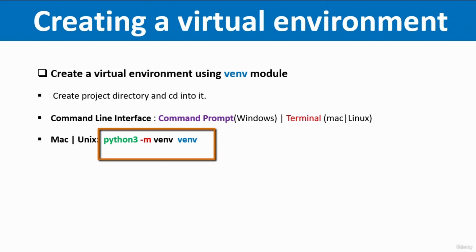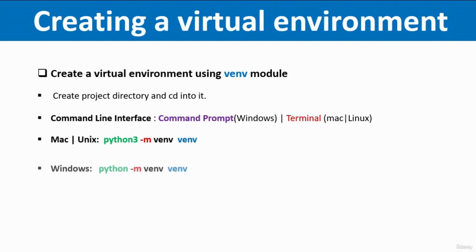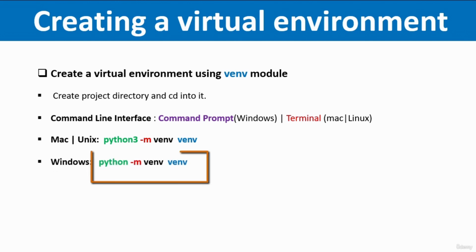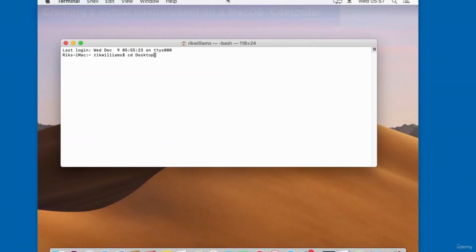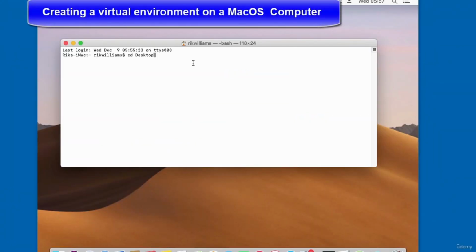Some developers like to name their virtual environment after the name of the module that has been used to create it, as illustrated in this example. You can do the same if you wish. It doesn't really matter what you call your virtual environment. If you're on a Windows-based computer, the command you type is the same, but you don't need to type in python3.